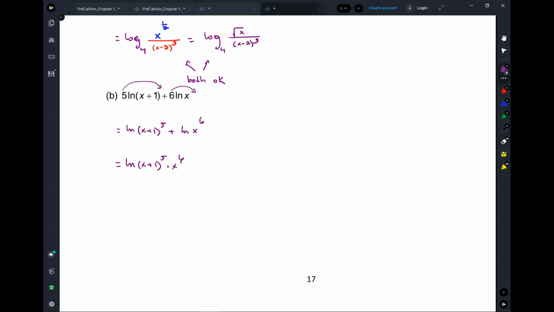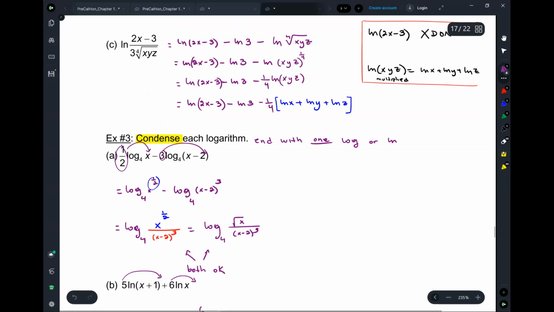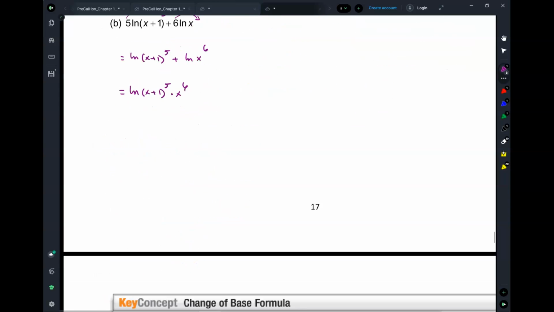Would it matter if you chose to do ln x to the 6 times x plus 1? No, it's the same. You can do either one. This is the answer. Why does that ln go away? Because when you condense, you only need one ln. It's like the same way you multiply.